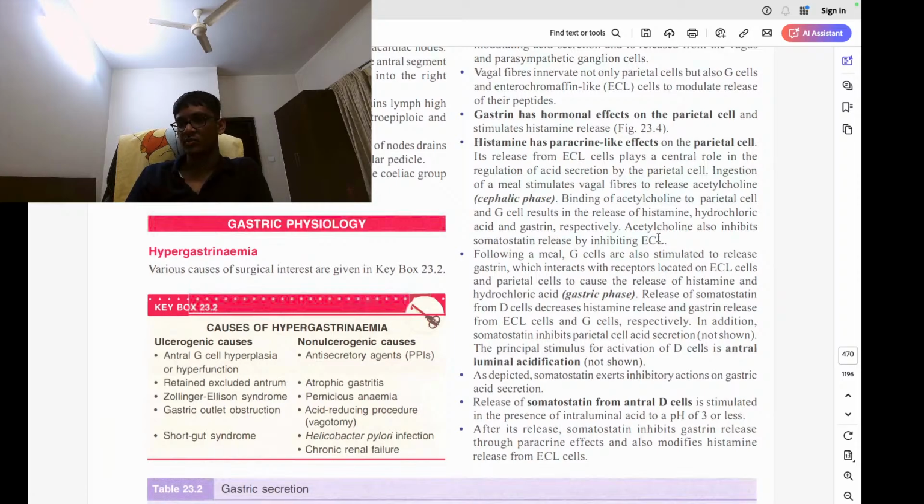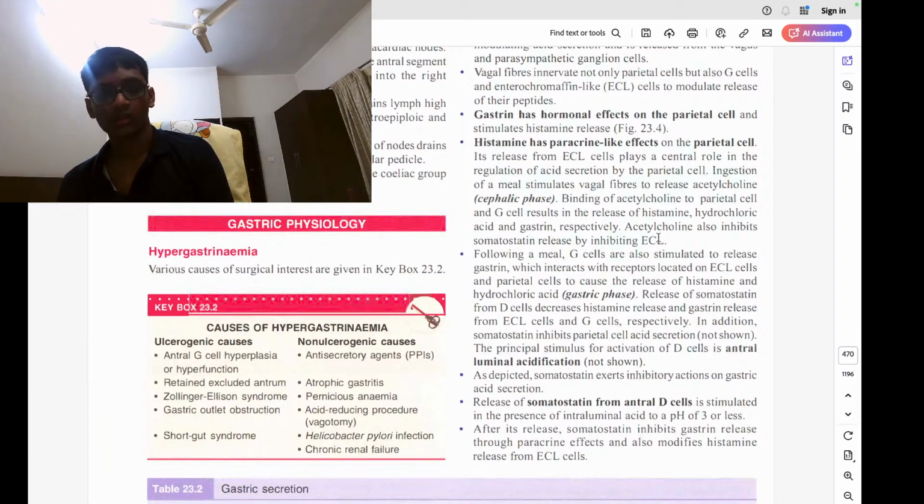Binding of acetylcholine to parietal cell and G cell results in release of histamine, hydrochloric acid, and gastrin respectively. Acetylcholine also inhibits somatostatin release by inhibiting enterochromaffin-like cells. Then following a meal, G cells are stimulated. So, the cephalic phase.